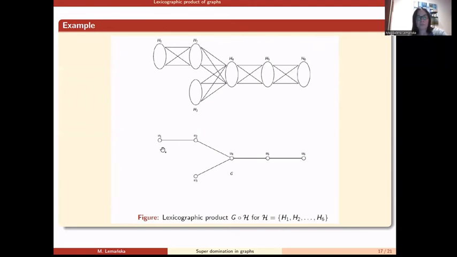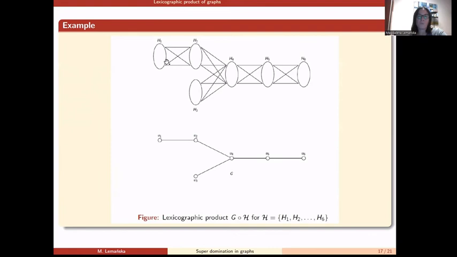So instead of the first vertex of the graph G, U1, we put the first graph from the family H, the graph H1, and the same, for example, in this relation between U2 and H2. Because we have an edge between the two vertices U1 and U2, we put edges between every vertex of H1 and every vertex of H2.